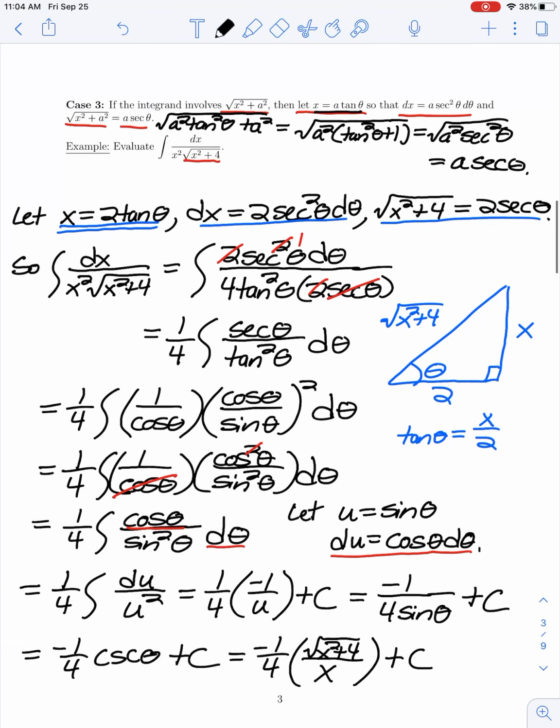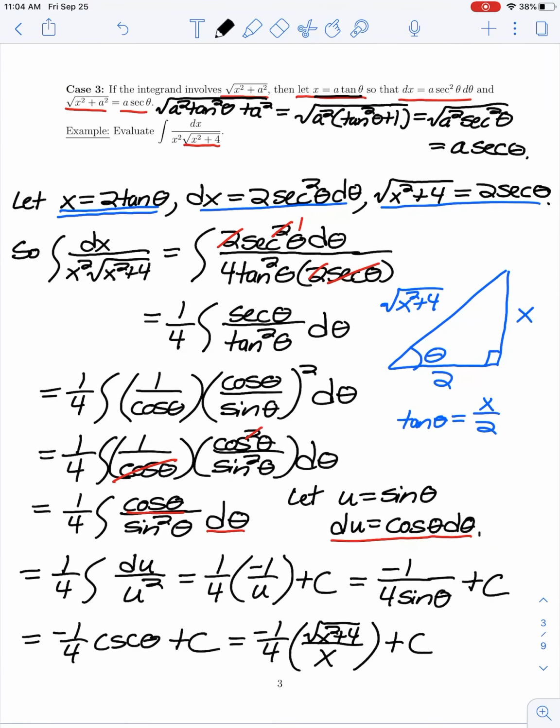So we have the following expression, or if we care to simplify this just a bit further, we would have negative the square root of x squared plus 4 divided by 4x, plus c.